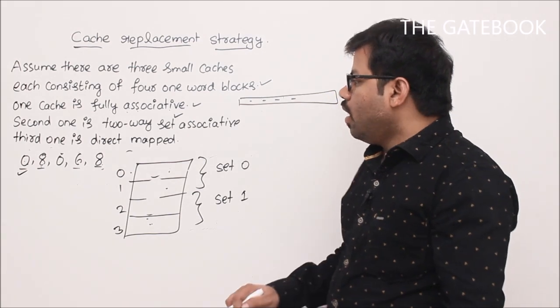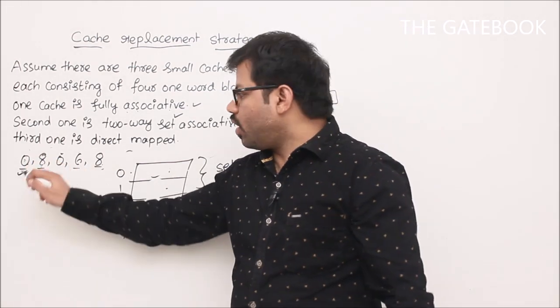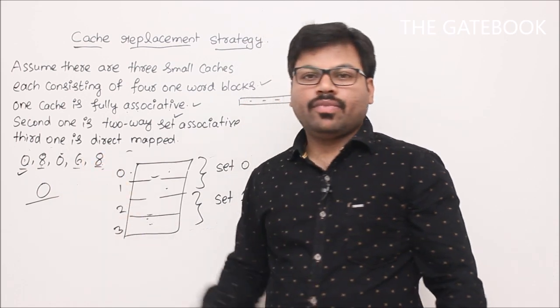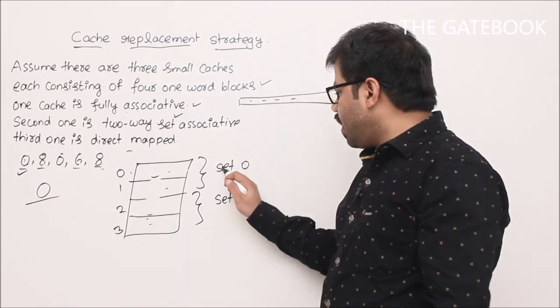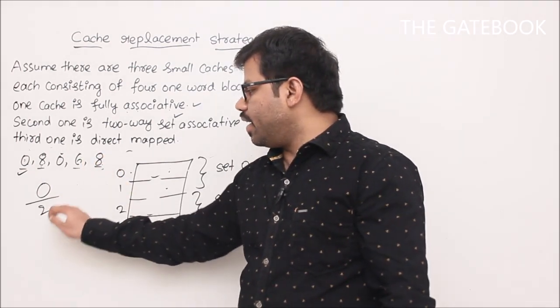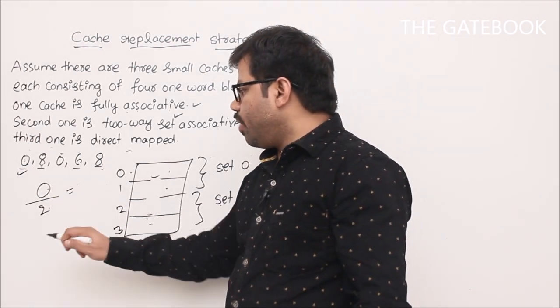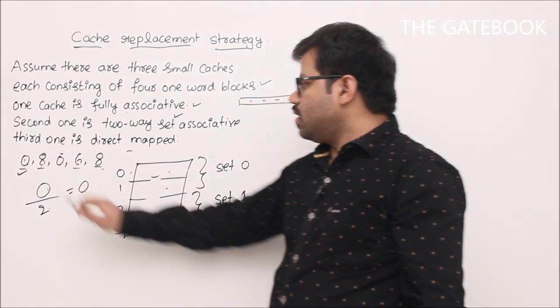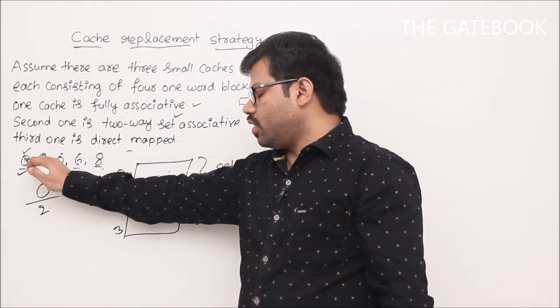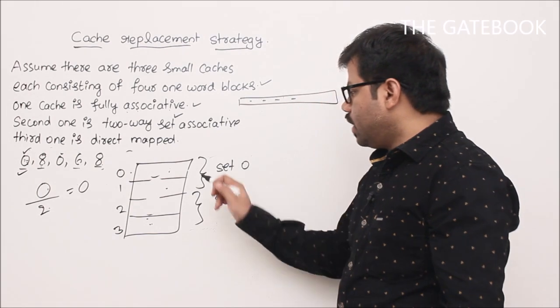It's very easy. Divide your main memory block number 0 by the number of sets. How many sets do we have? 2. Then you get a remainder. That remainder is going to be the destination. So 0 by 2, remainder is 0. That means this main memory block is going to set 0.